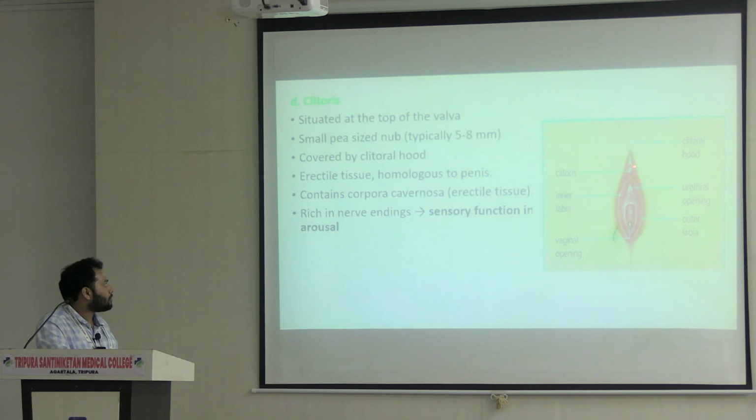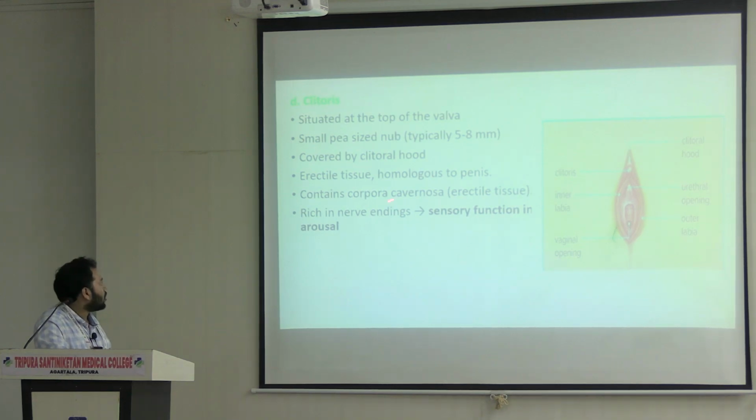And that clitoris is protected by a cap called the clitoral hood, right? The clitoris contains a special type of tissue called erectile tissue, and the presence of that erectile tissue is very important from a reproductive or sexual point of view.